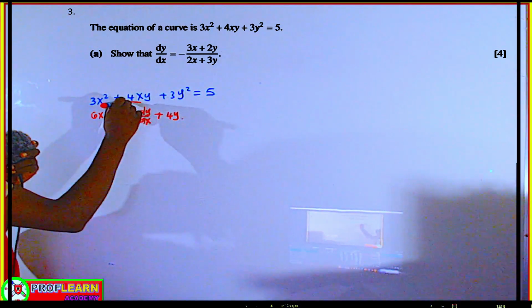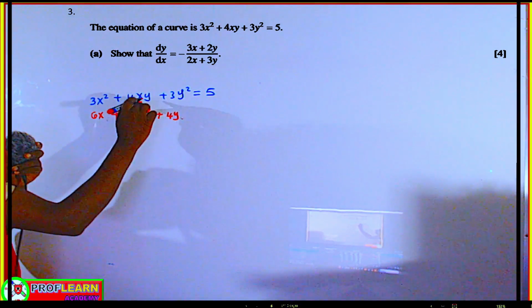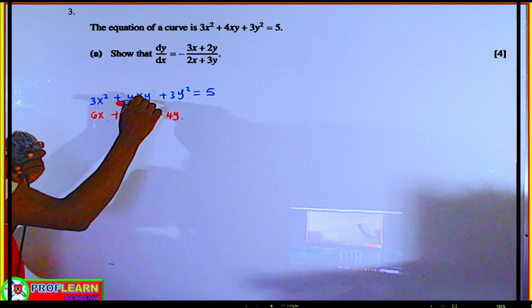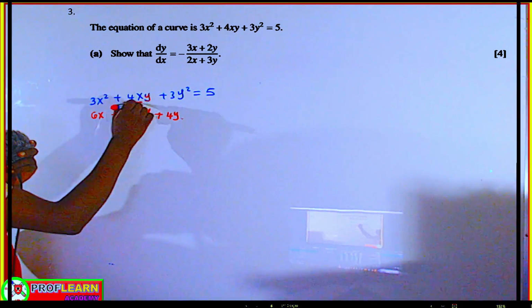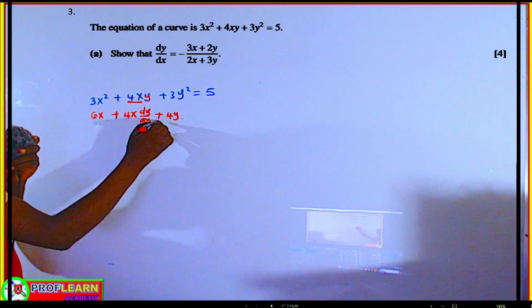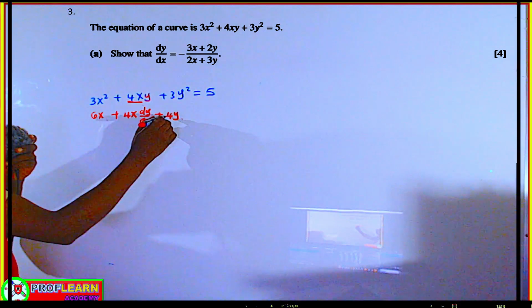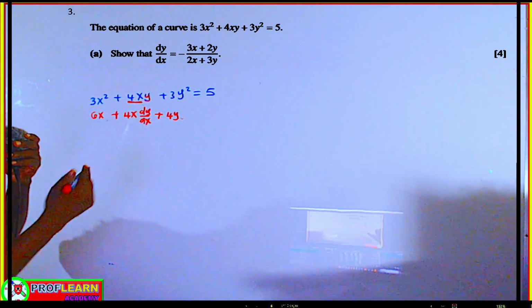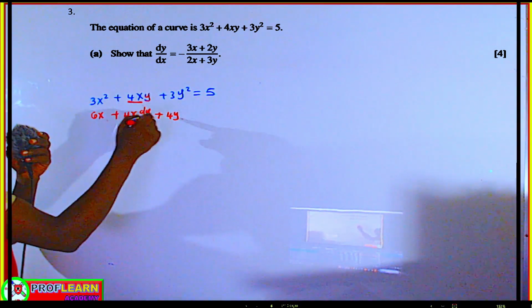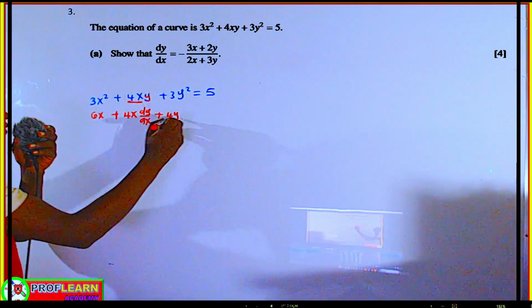If you differentiate 4x, you are going to get 4. So that's why we are getting 4y, because y was kept constant at that point. We differentiated 4x, we got 4, then that 4 times y is going to be that.